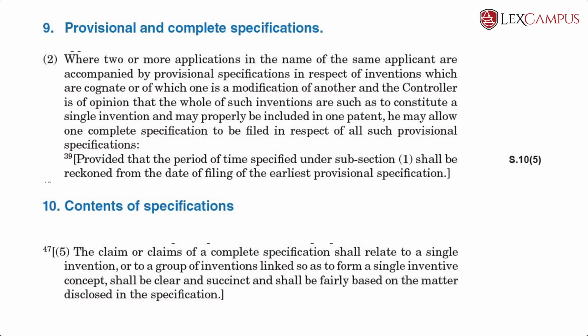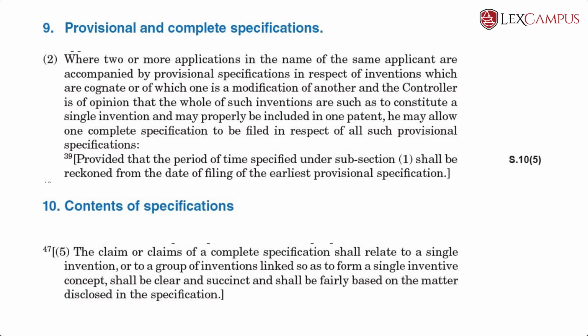Say there is a mechanical device which is a combination of many devices and it can do a particular function, a provisional is filed for that. There is another functionality, after a few months the applicant files another provisional for the same device or a same combination of devices, another functionality, and after a few months the applicant again files another provisional covering yet another functionality of that device.